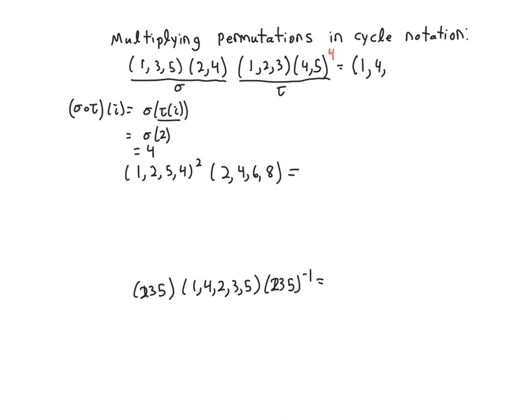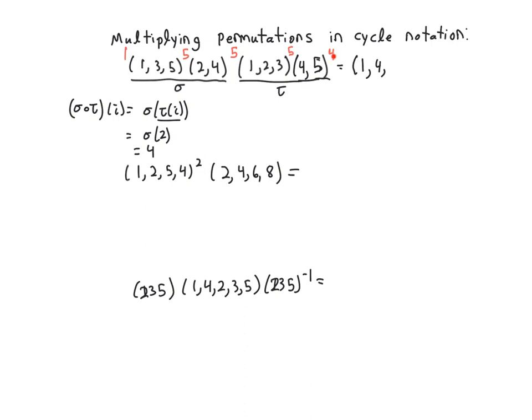So 4 appears here, and so 4 gets sent to 5. 5 doesn't appear on this cycle at all, so that permutation fixes the element 5. And so we see tau of 4 is 5. And now 5 doesn't appear on this cycle at all, and so 5 passes through that cycle unchanged. And now finally 5 appears on this cycle, and this cycle sends 5 to 1. And so 5 gets sent to 1.